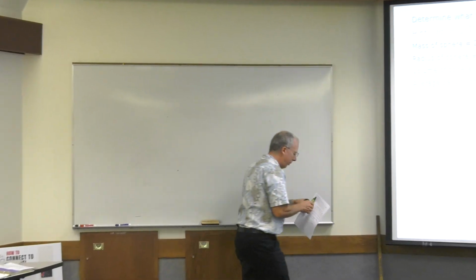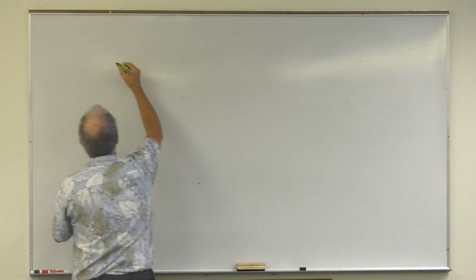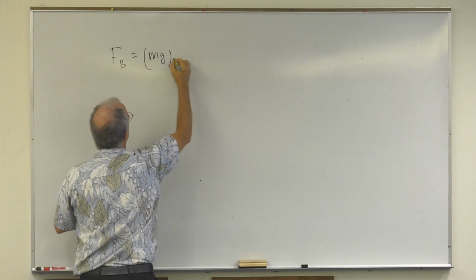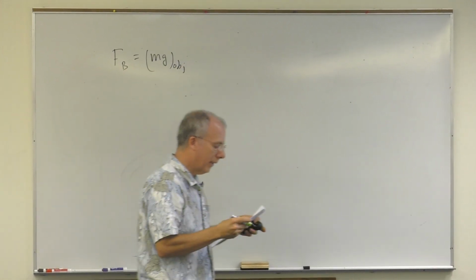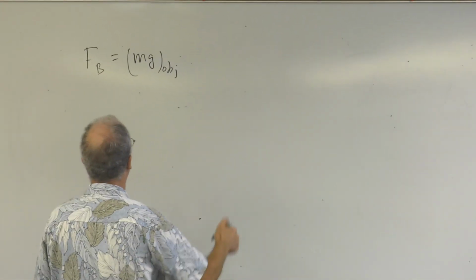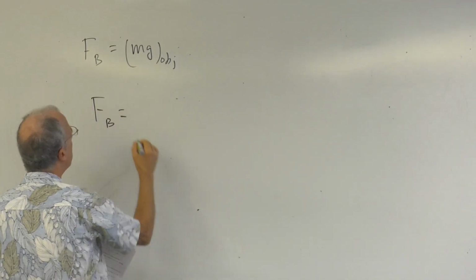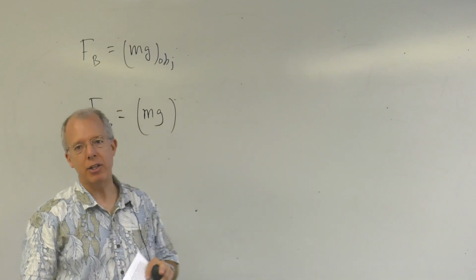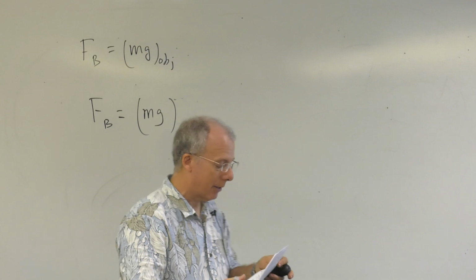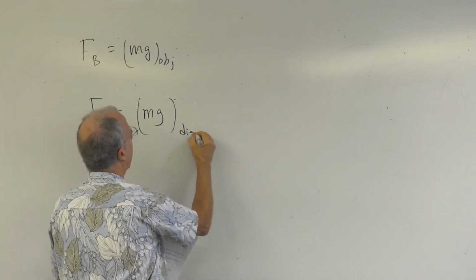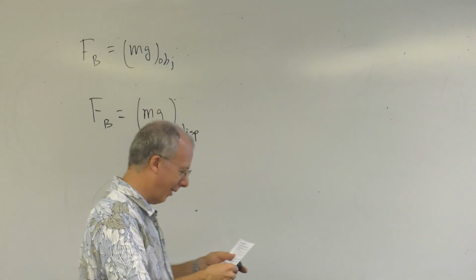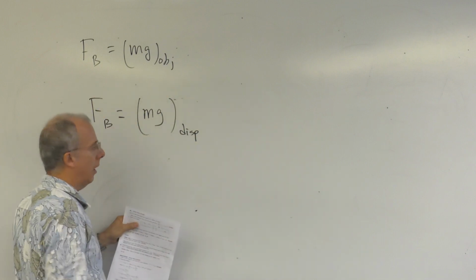All right, I hope you've done that. Let's work it out. We saw that the buoyant force equals the weight of the object, because it's in equilibrium. Now let's work on the buoyant force. The buoyant force, by definition, equals the weight of the fluid displaced. I'm not going to keep writing fluid displaced, I'm just going to write displaced. That's just the definition of the buoyant force.